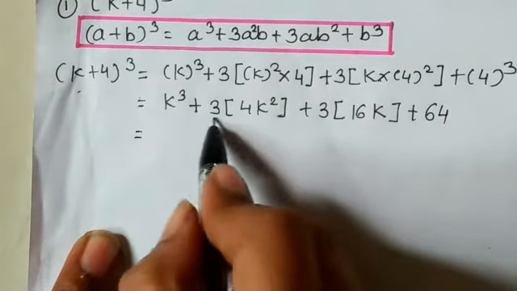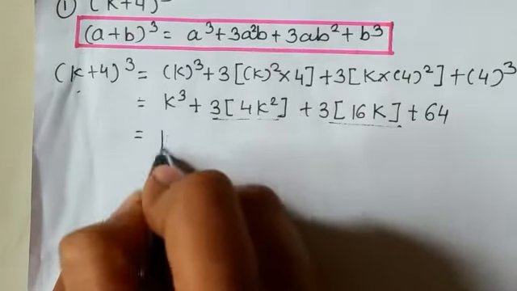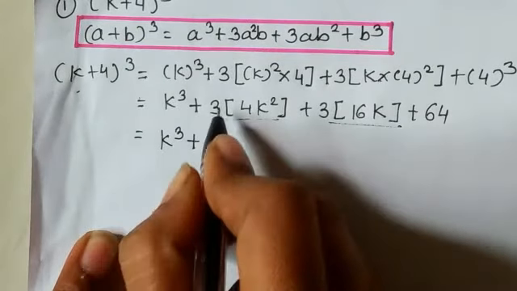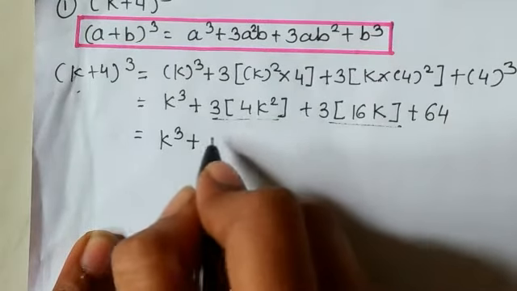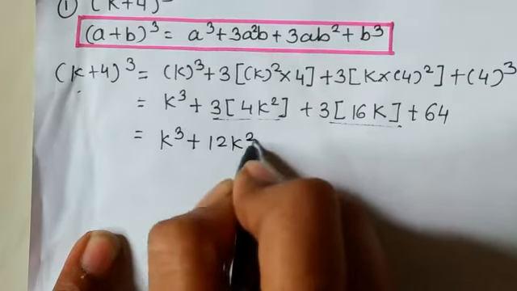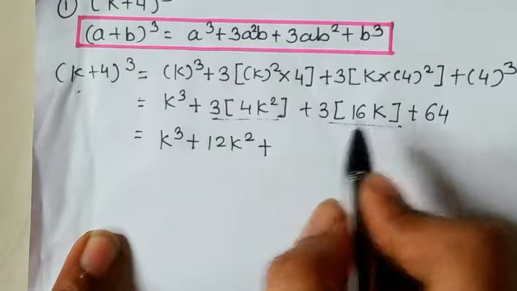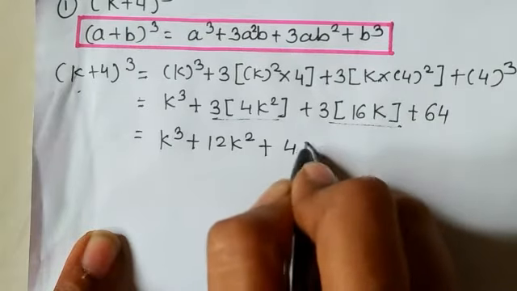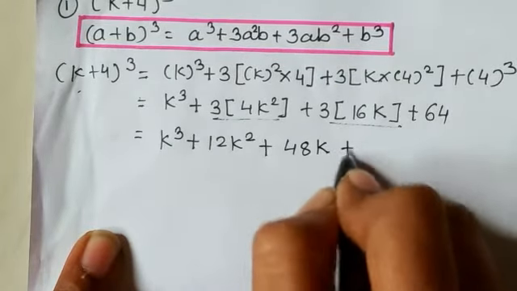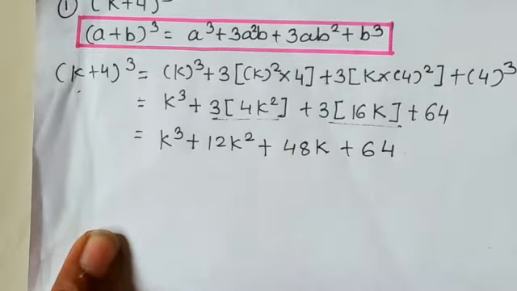Let's go ahead and solve this bracket. k raised to 3 plus 4 into 3, 4 3s are 12 k square, plus 16 into 3, 16 3s are 48 k plus 64.